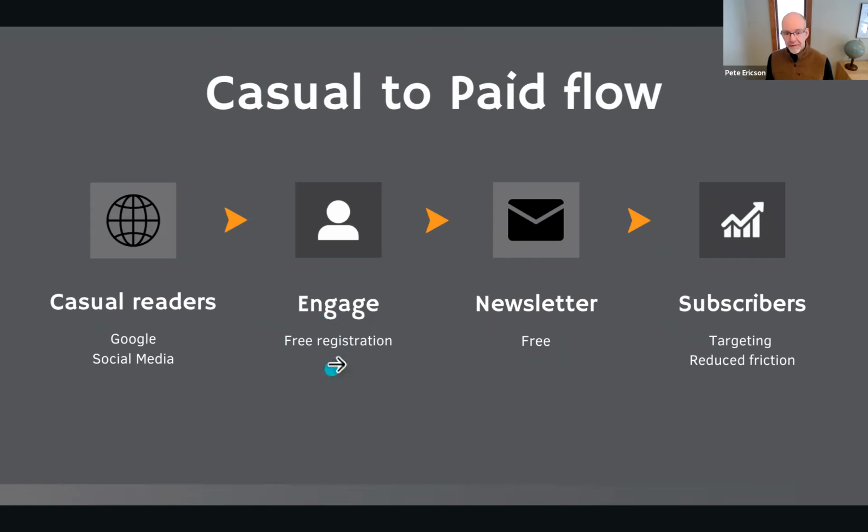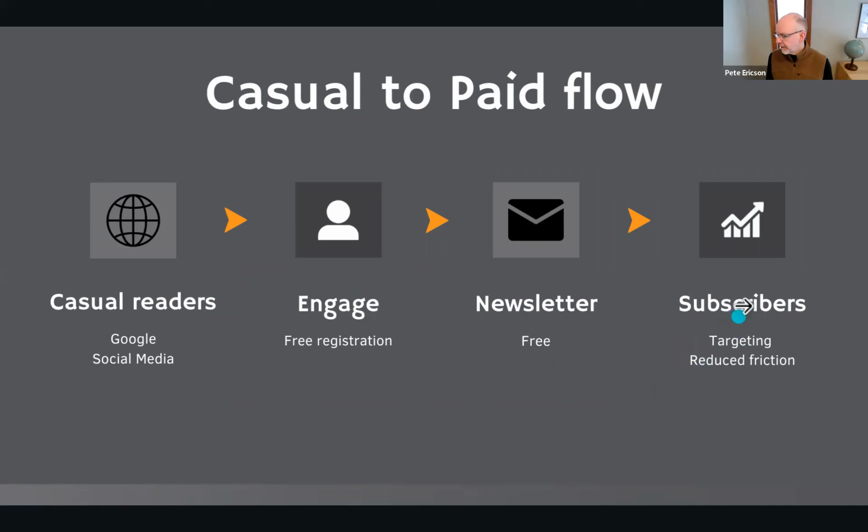Now, of course, when somebody gives you their email address, what happens? That email gets sent to your newsletter service, like a MailChimp or whatever you're using, right? And you end up building a free subscriber list. The main purpose of the newsletter is to be a direct marketing tool for you, the publisher, driving these readers back to your website to read more articles.